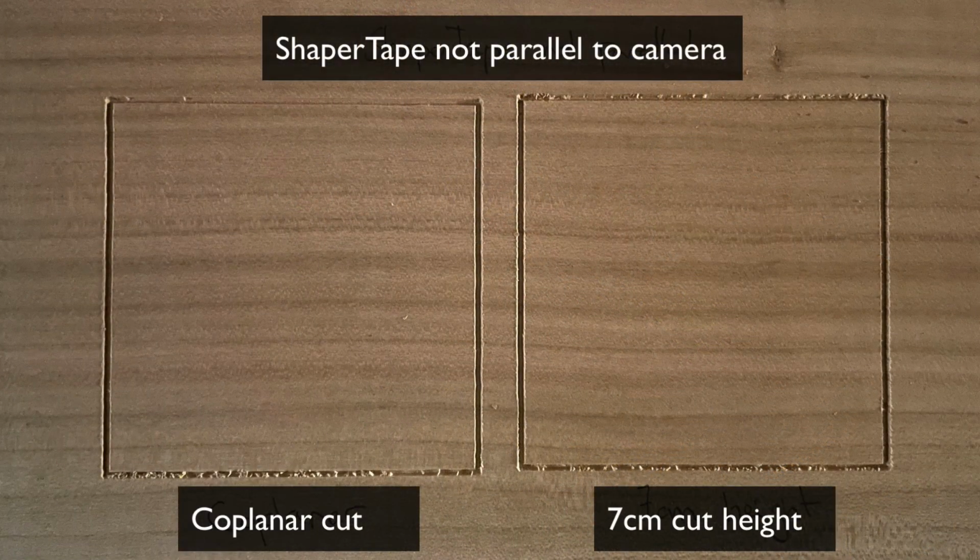And what you see here is that this square lies a little bit, maybe half a millimeter, a millimeter max, higher than the one that was coplanar. That effect is minimal, but it is there.